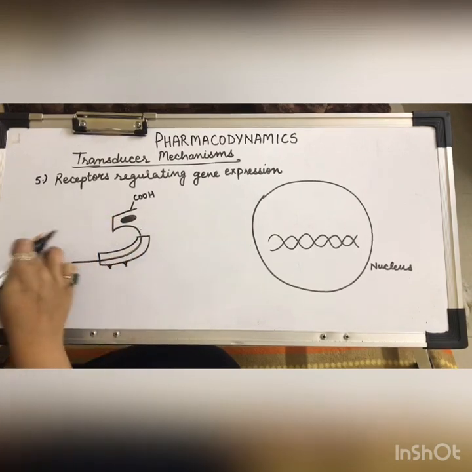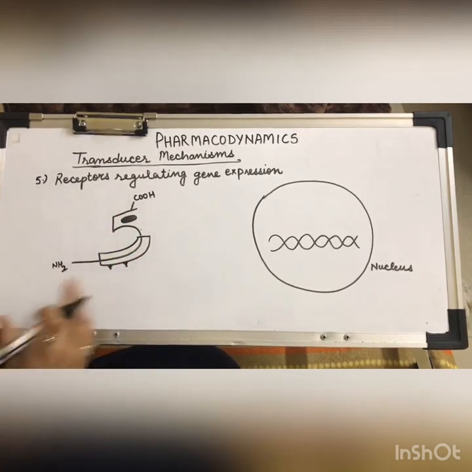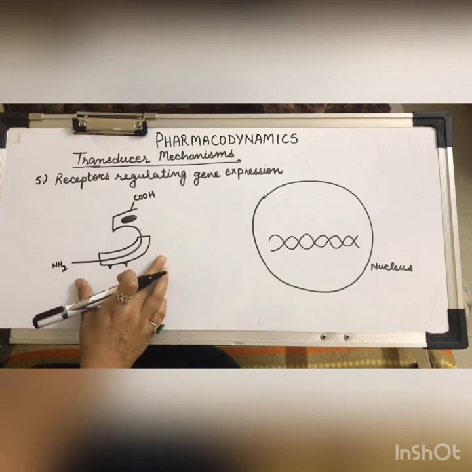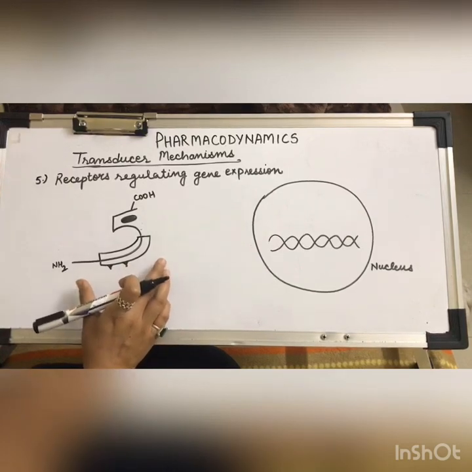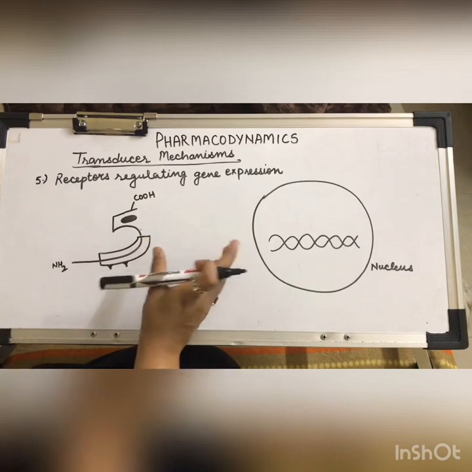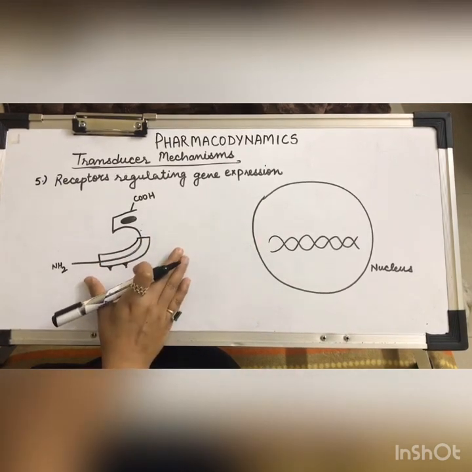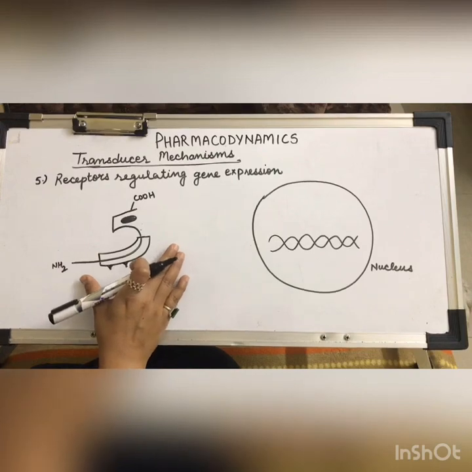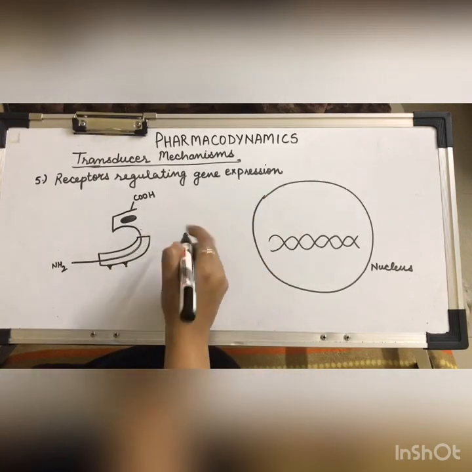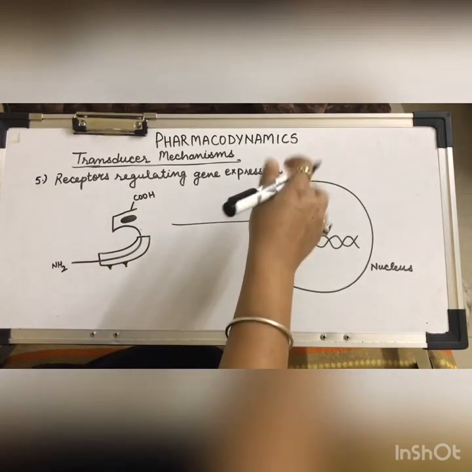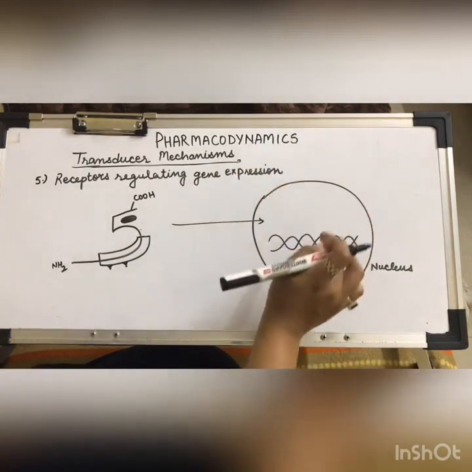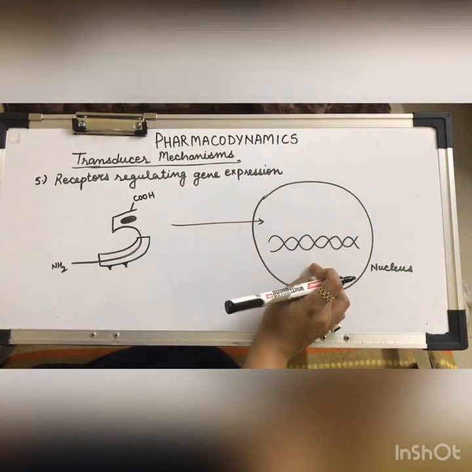After dissociation of these proteins, these receptors can form a dimer. That means a similar structure like this, they join together and form a dimer. After forming a dimer, they can go inside the nucleus, or if they are already in the nucleus, they can bind to the DNA.